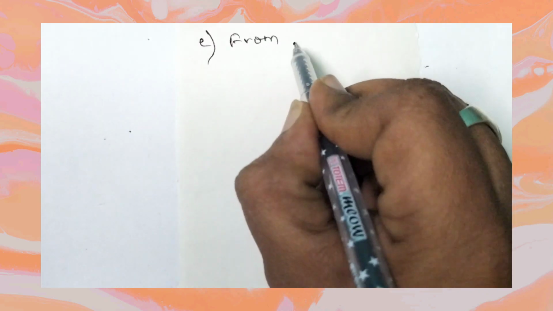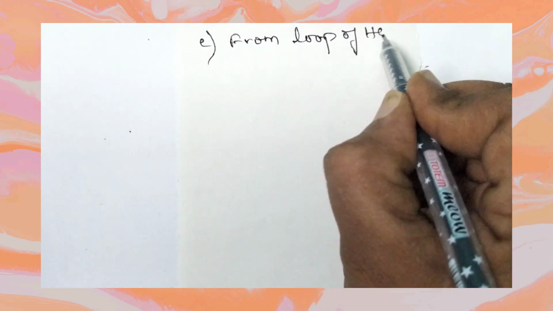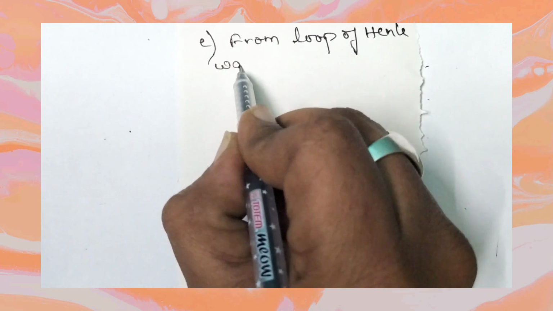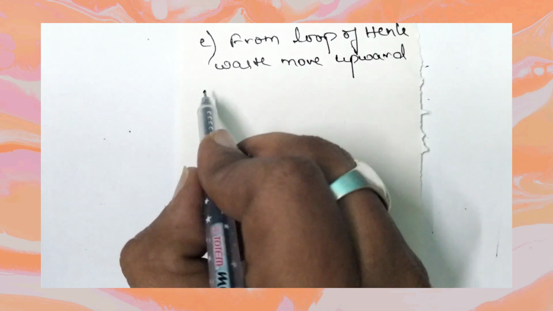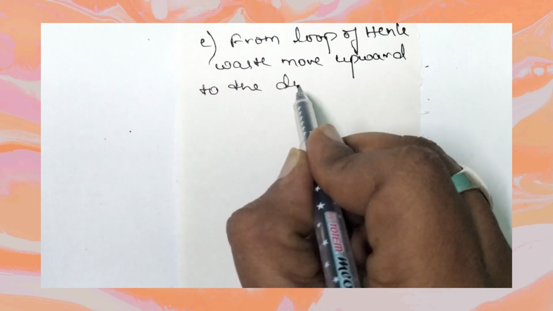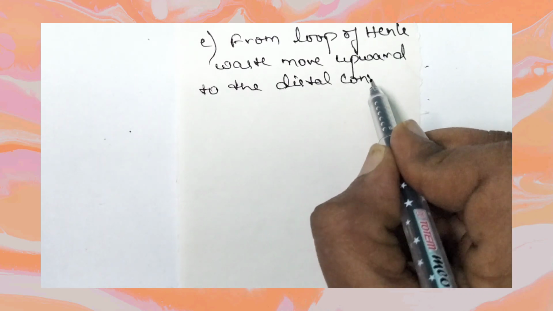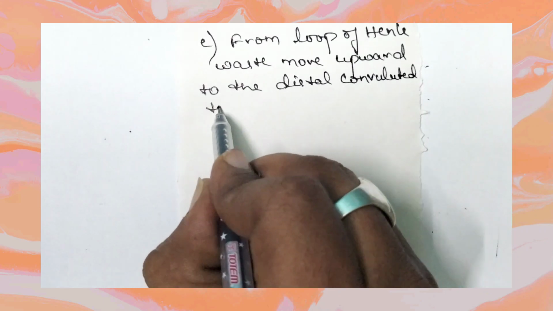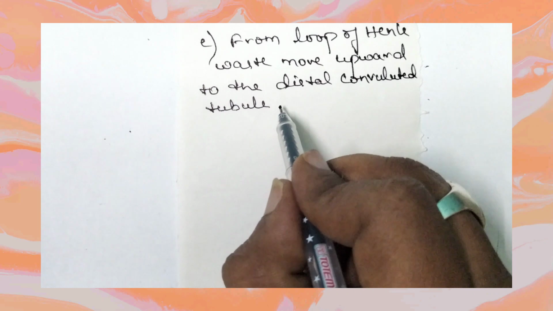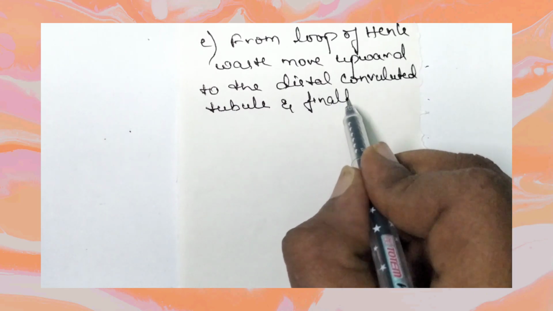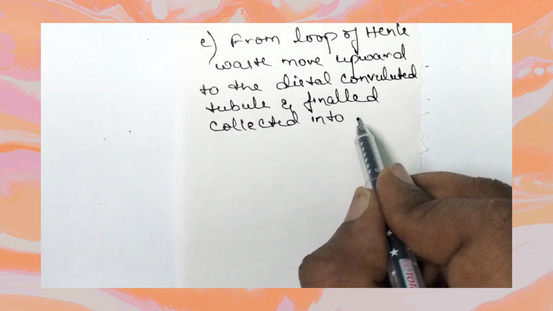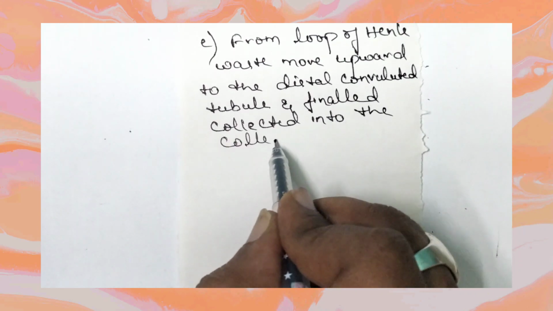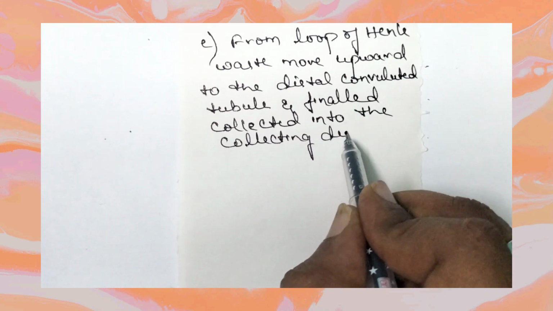And the last point is from loop of Henle, waste moves upward to the distal convoluted tubule, and finally collected into the collecting duct.